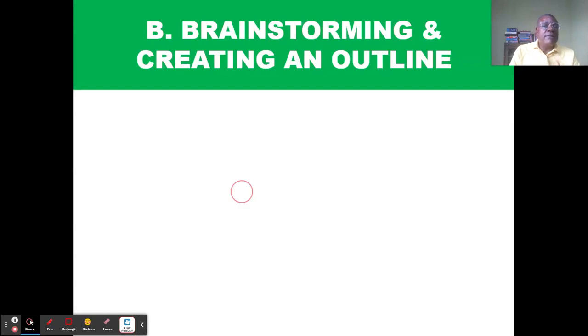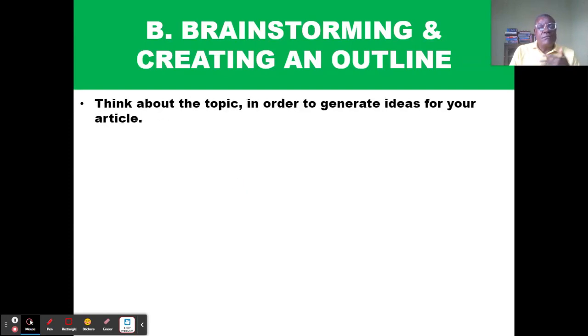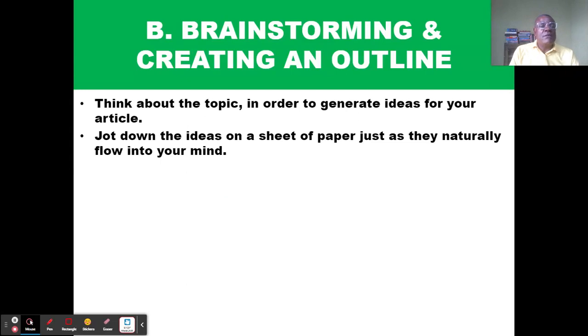Then brainstorming and creating an outline. To brainstorm simply means to think about the topic in order to generate ideas for your article. Then while you think about it, the ideas will naturally flow into your mind. Then you just jot down the ideas on a sheet of paper just as they naturally flow into your mind.